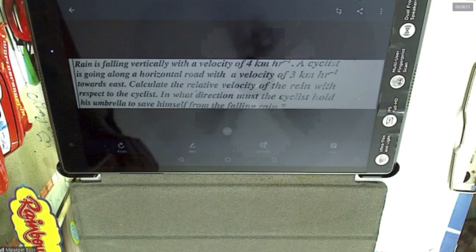That means, suppose the cyclist is going like this, then you can see the rain should fall like this. This is the velocity of rain with respect to cyclist. The cyclist is moving like this. Understood this or not? This is at 37 degrees. Clear? Yes, sir. Clear. Take another problem.